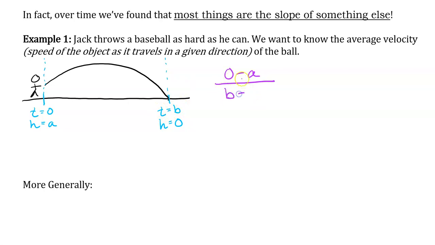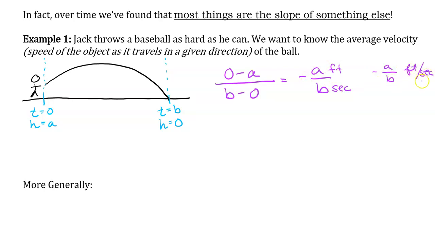So that would give me a slope of negative A over B. So height is feet, right? And time is in seconds. So this means that I have a slope of negative A over B feet per second.